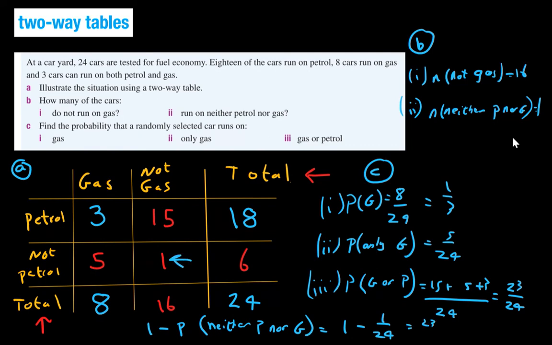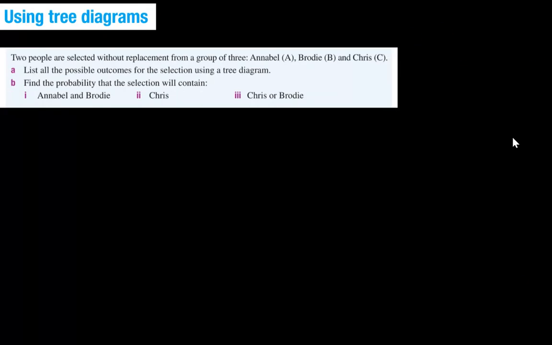So 24 over 24 minus 1 over 24 is 23 over 24. Okay, so let's have a look at tree diagrams. Pause the video and have a go at doing this.